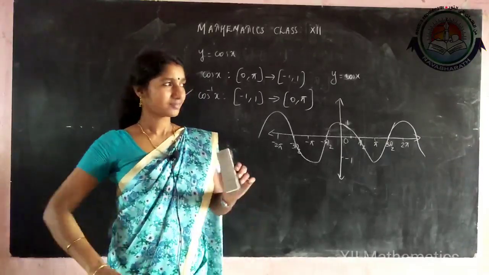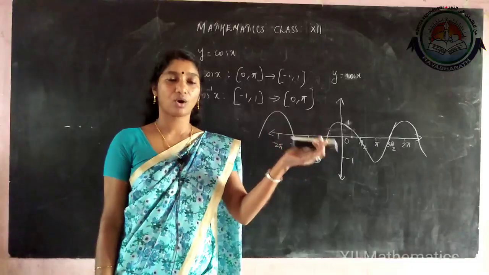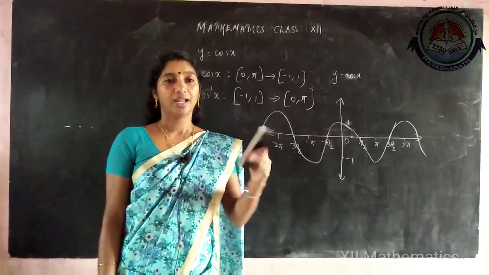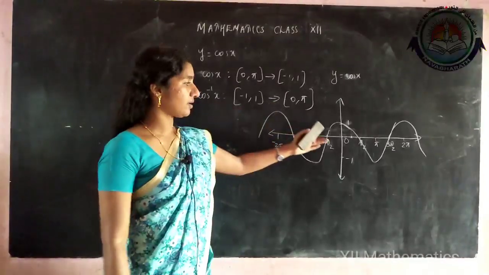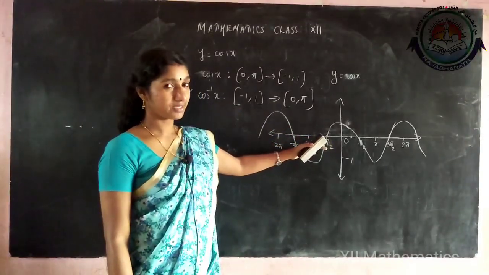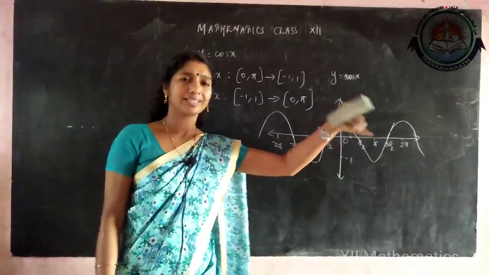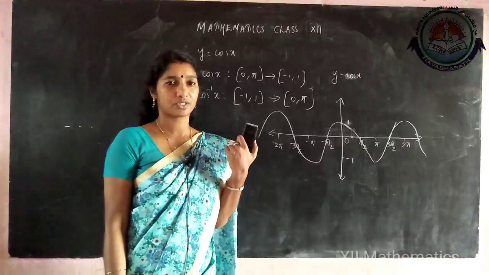Clear? Then like this tan function, cosec function, cot function, sec function, everything will come. To get the idea, I explained the graph of sin x and cos x and its inverse function. All others will come the same way. The same idea will follow, so no need to discuss that much. Clear?